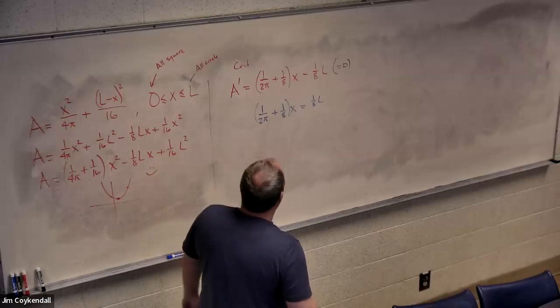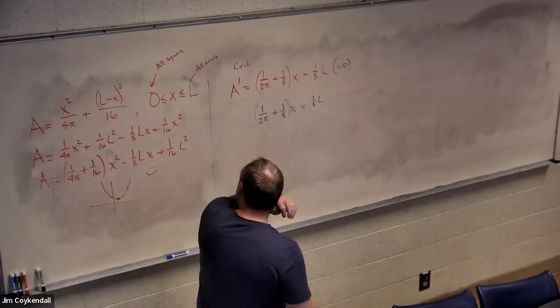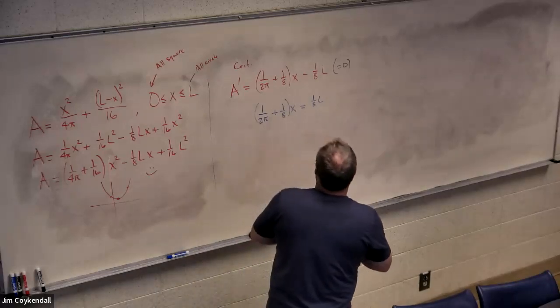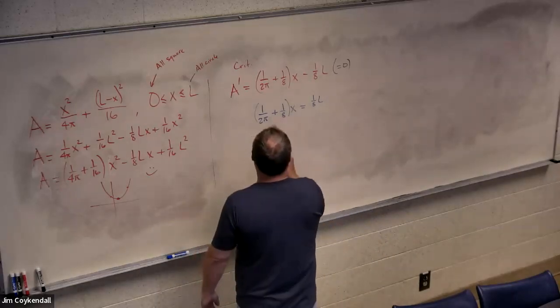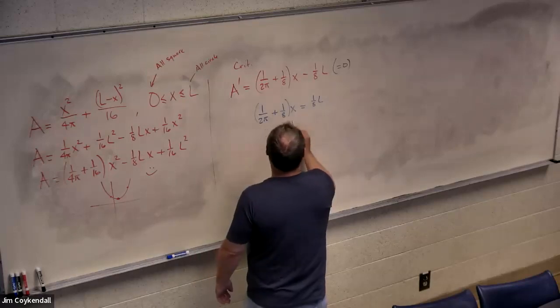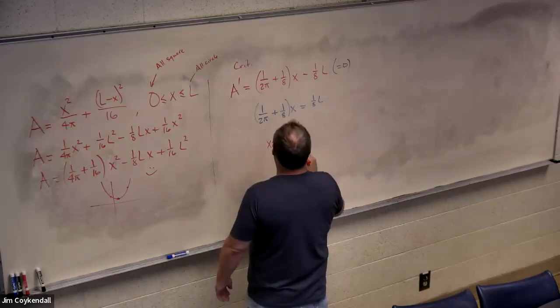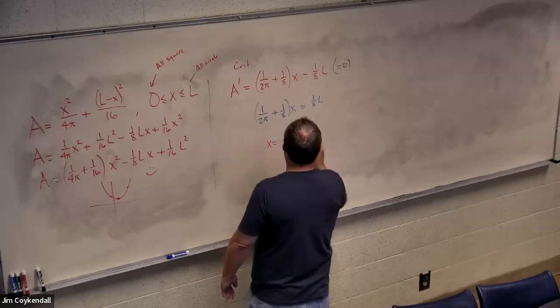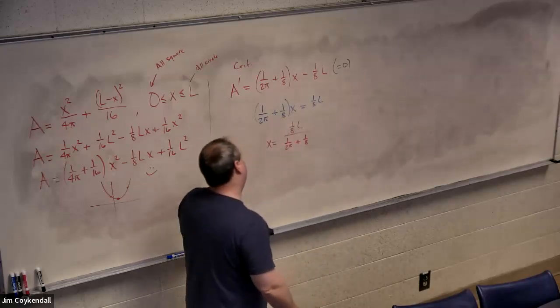So x equals 1/8 L over 2 pi plus 1 over 8.